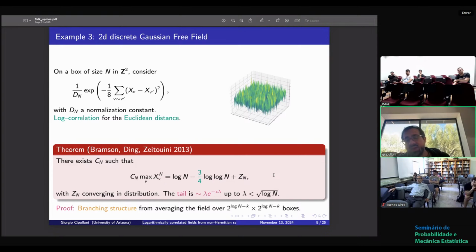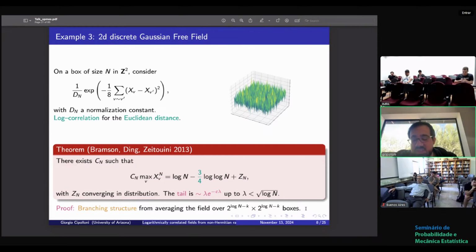So basically, we can express the value at a point as increments over the values of boxes, each one being twice as large as the previous one. So we see the values averaging over basically log n boxes. And one can see that this gives a branching random walk representation, a branching structure.